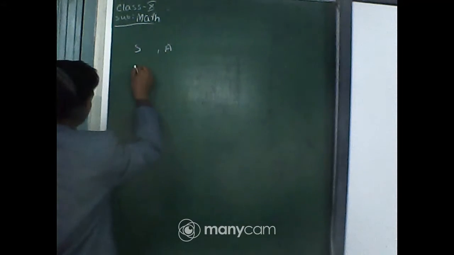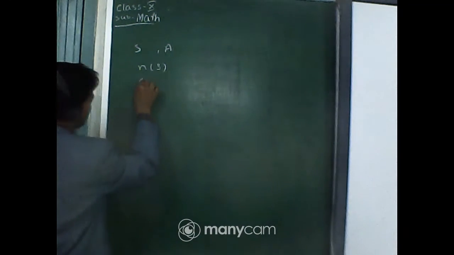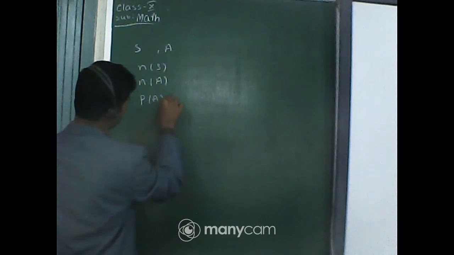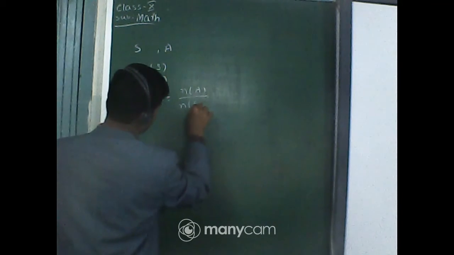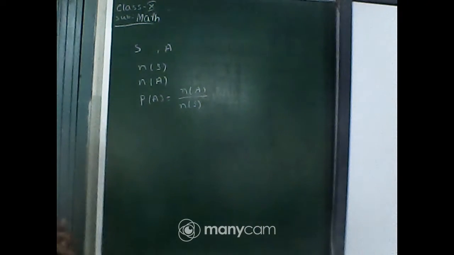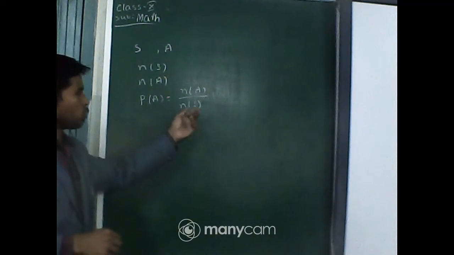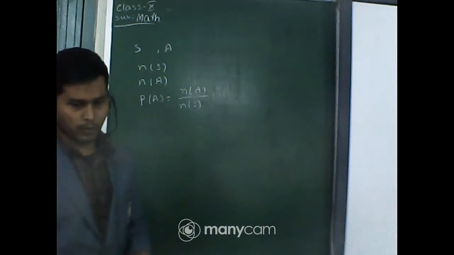The sample space contains n(S) elements, and the set A contains n(A) elements. Then from the classical definition of probability, we can say that P(A) = n(A) / n(S), meaning the number of elements favorable for the event A divided by the total number of elements. This was the classical definition of probability.